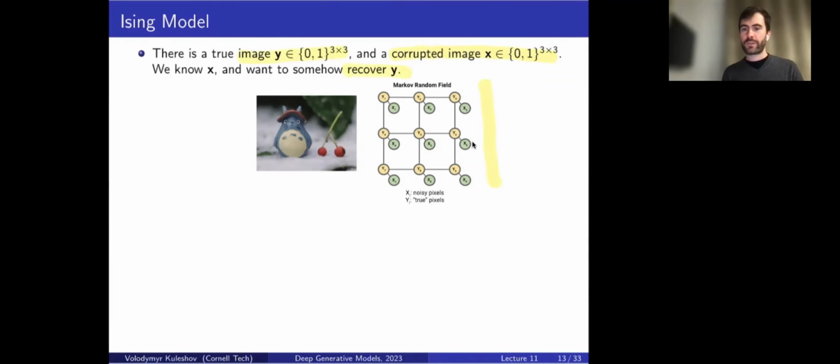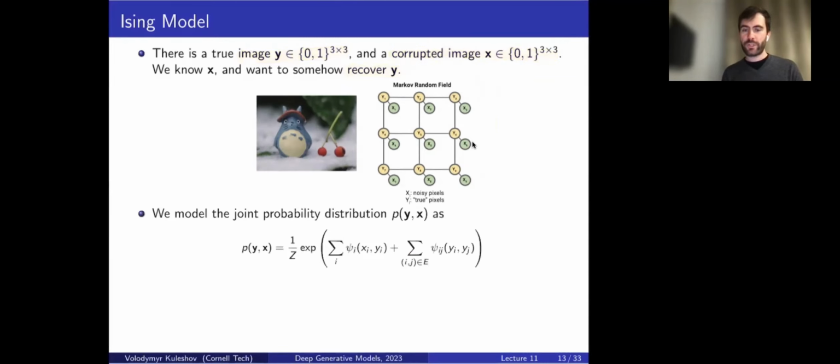In order to do this task, we will define an energy, and that will result in a probabilistic energy model in this form. So what you see here inside the parenthesis is my energy. And this energy involves 2 types of terms. It involves node terms and edge terms. So these are what I call the node terms, and they correspond to every pair of y and x variables in this grid.